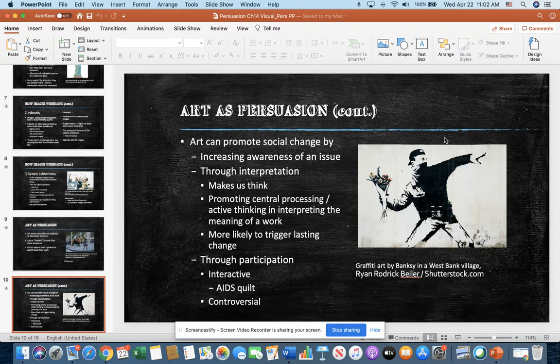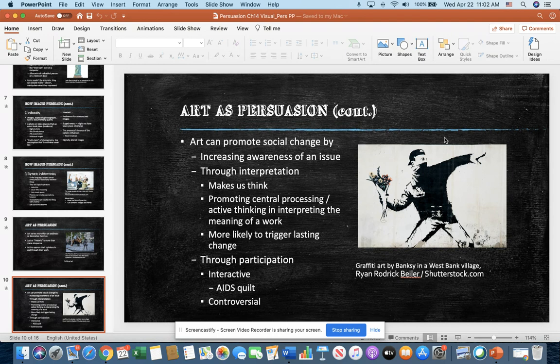So to interpret a piece of artwork means we have to work hard mentally. We can't just passively say, oh, I like the color or this or that. We have to think through, what is the significance, what is the meaning of this piece of art.